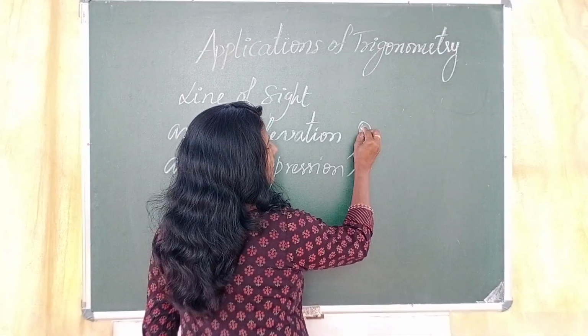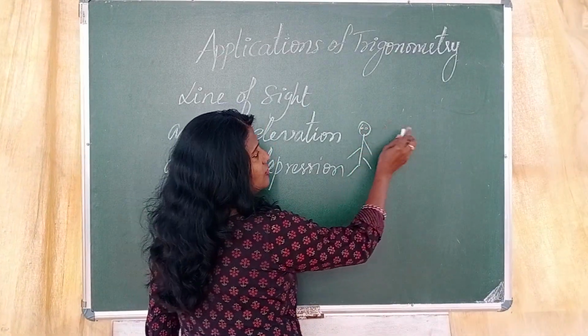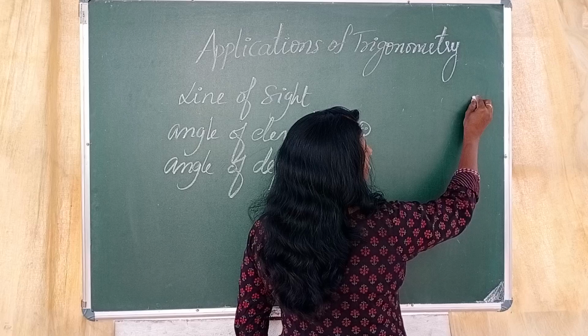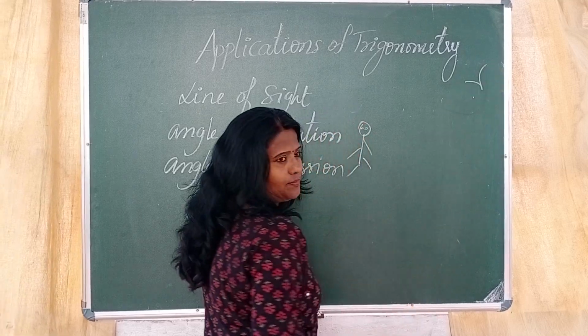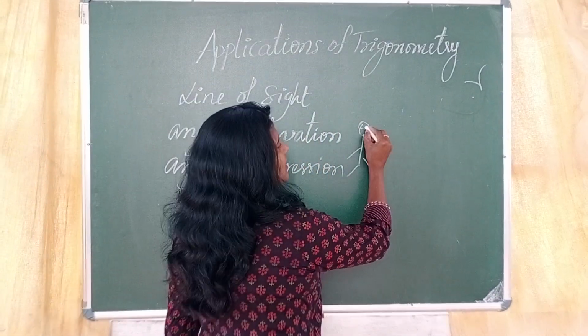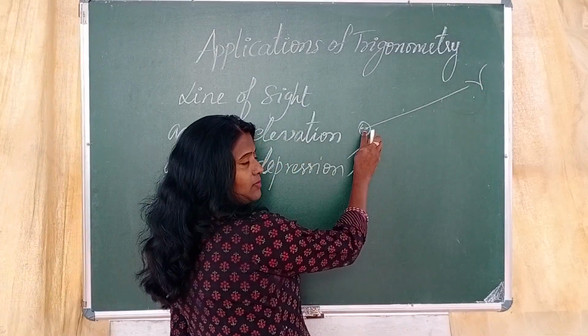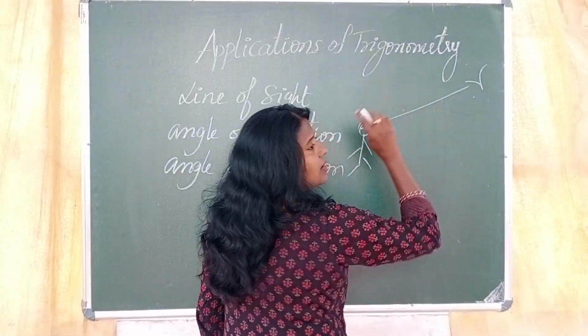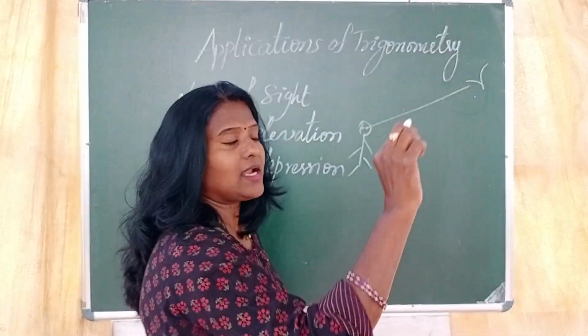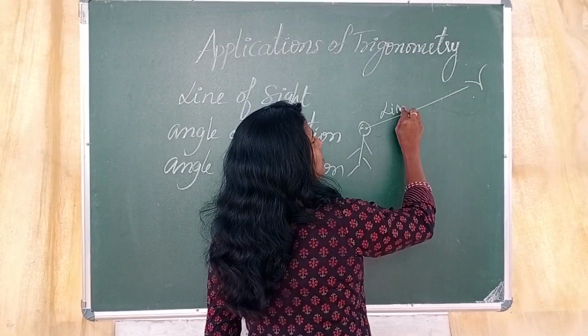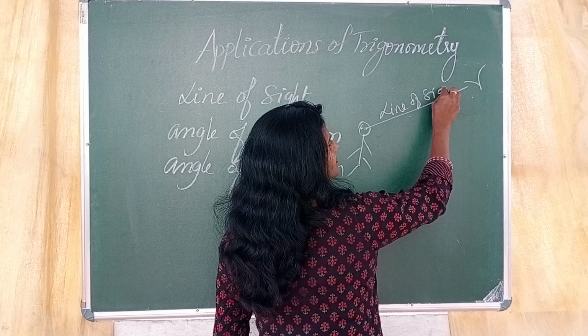Say for example, a person is observing a bird. From the eye to the bird, from the observer to the bird, if you draw a straight line, that is called a line of sight.